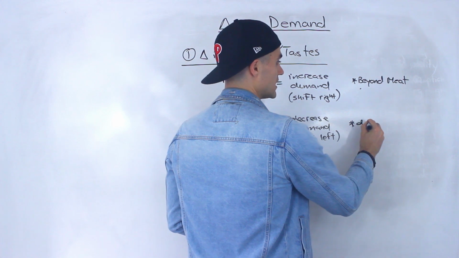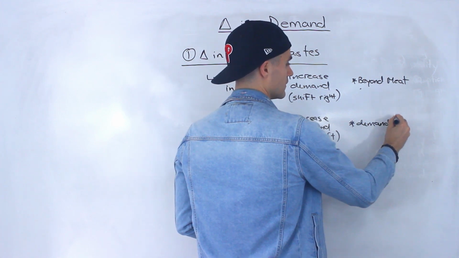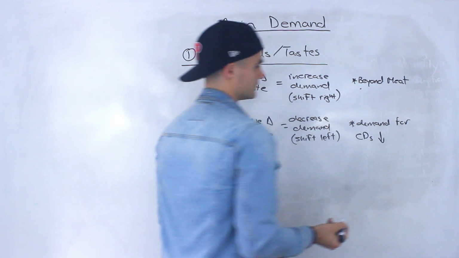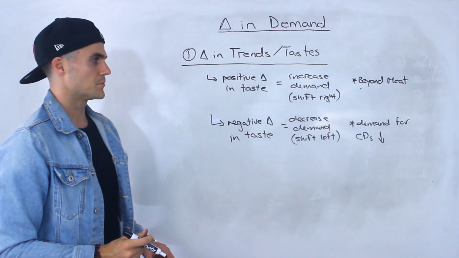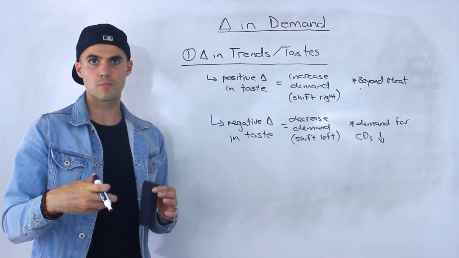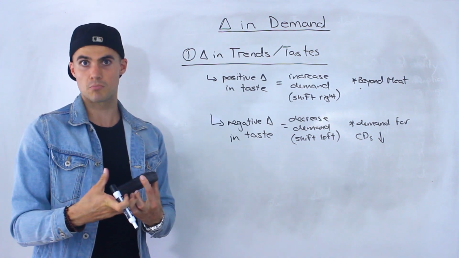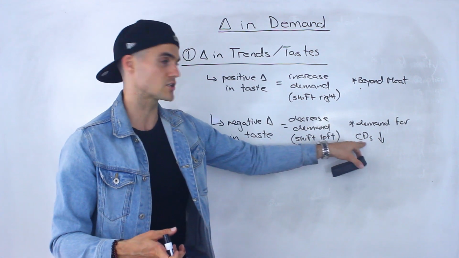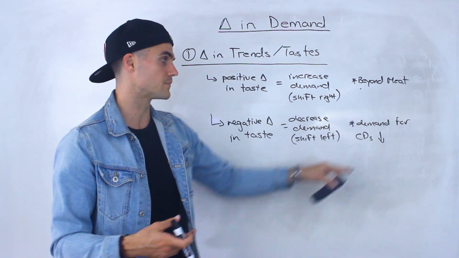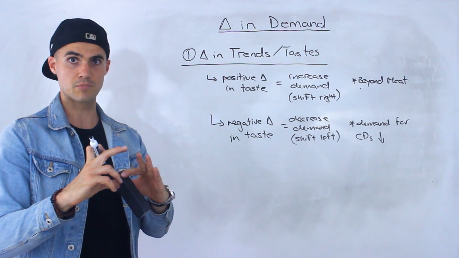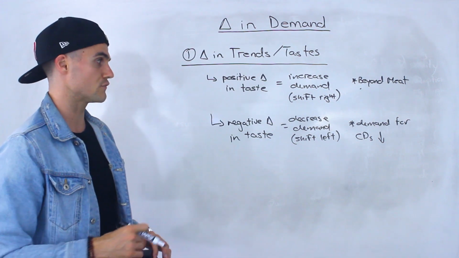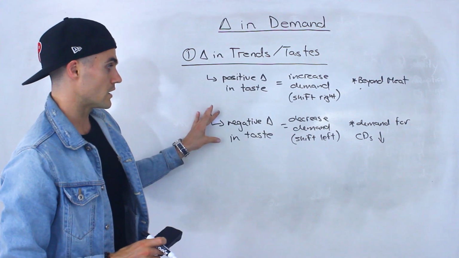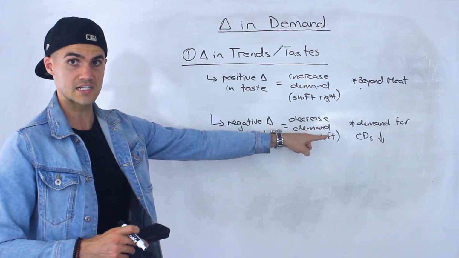The demand for CDs went down because more music was able to be stored on a smaller device. You didn't have to carry multiple CDs where like 20 songs can fit on one CD. Now you had an MP3 player where more songs can fit on just that single device. So that was a negative change in taste for the CD part.